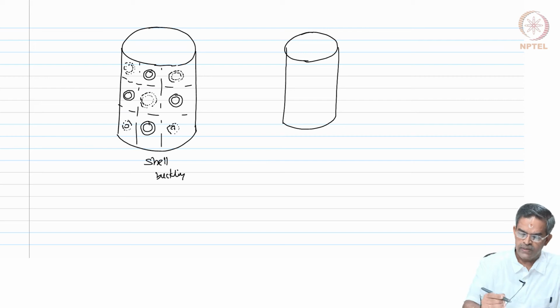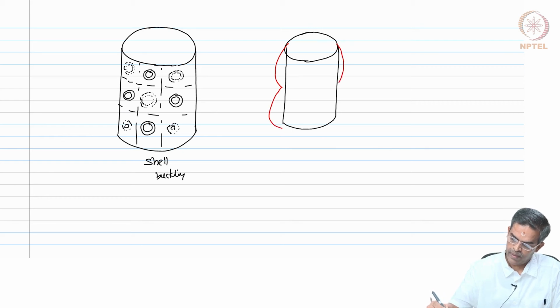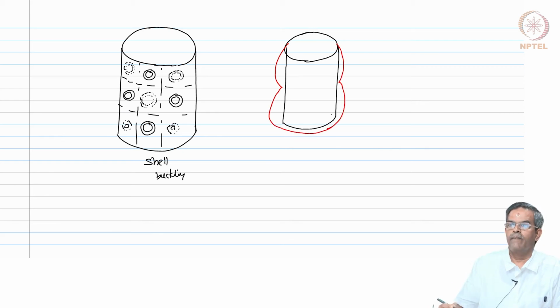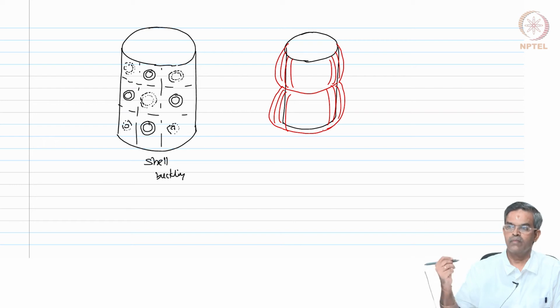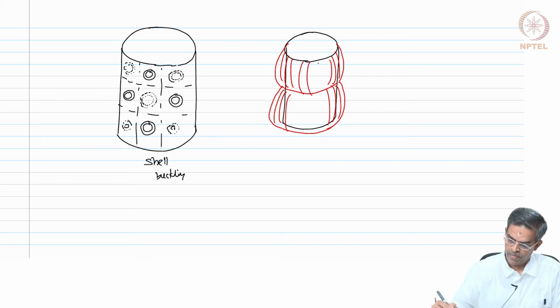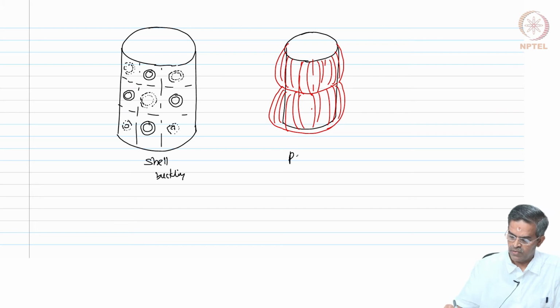Now, what happens in this case is the panels will start buckling, and again there will be compression and tension on different layers. So, this is panel stiffener buckling.